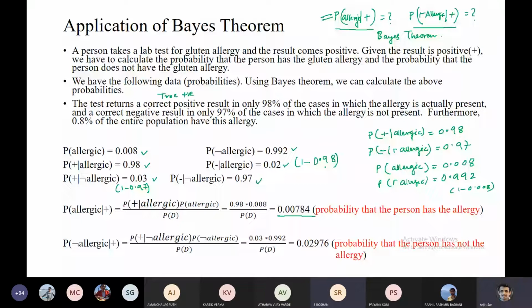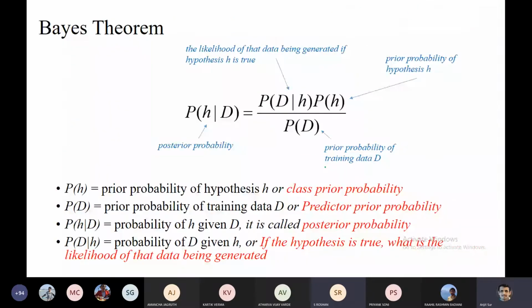Now we have some sort of notation or nomenclature. What are these probabilities called? The probability of the hypothesis given the data.